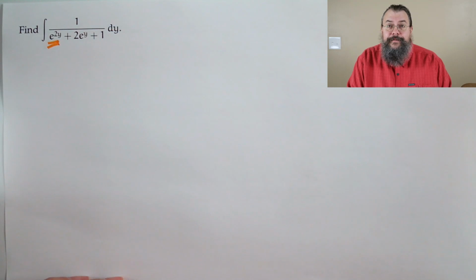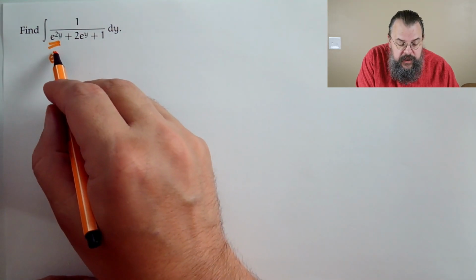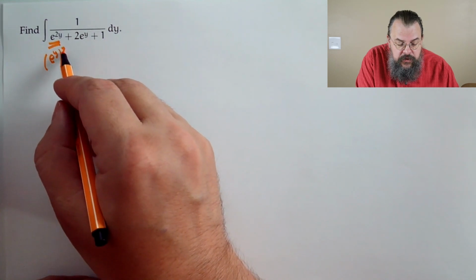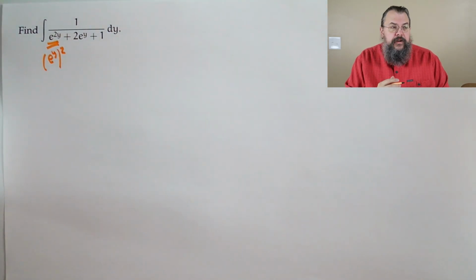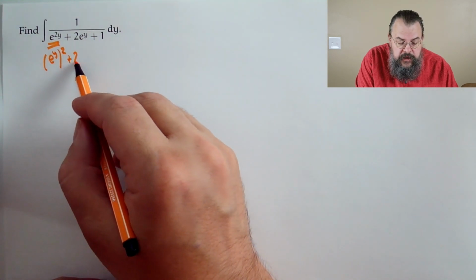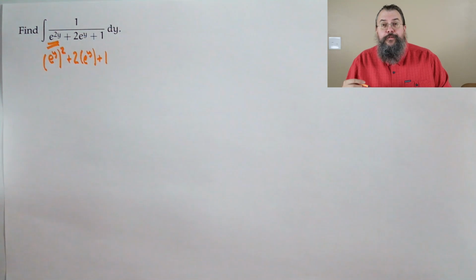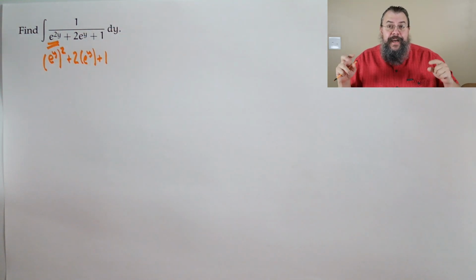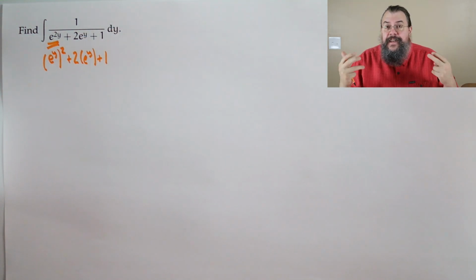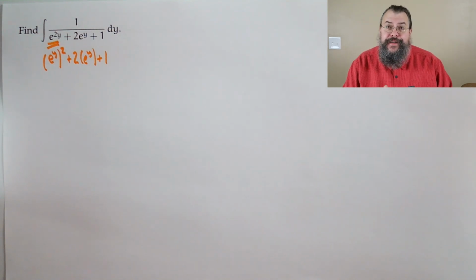There's nothing wrong with that function. It's a perfectly fine function. But another way you can think of this is e to the y squared. And so if we think of it in that way, we say, oh, look at the denominator. It is kind of like a polynomial, but instead of having an x, it's like e to the y. Okay, this is suggesting something.